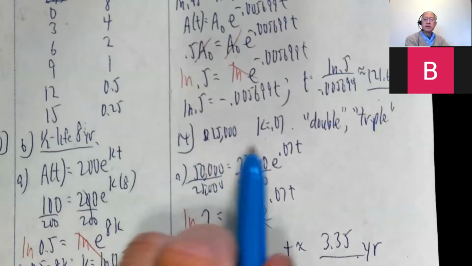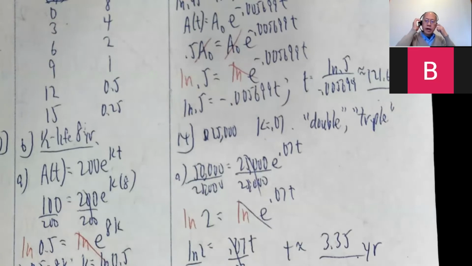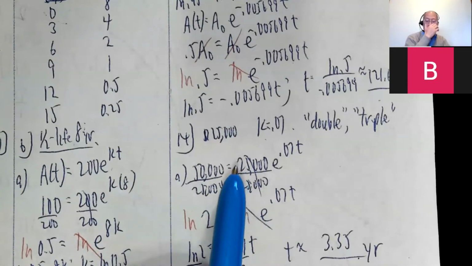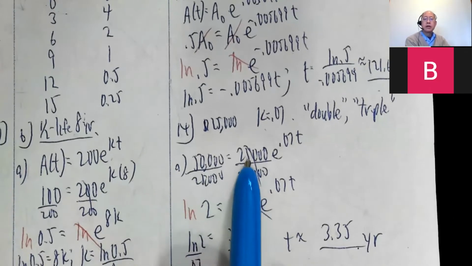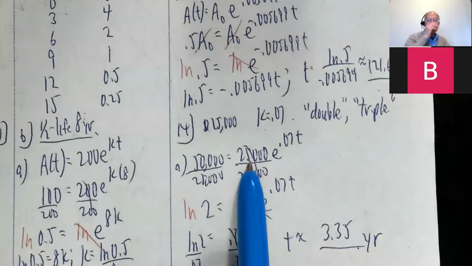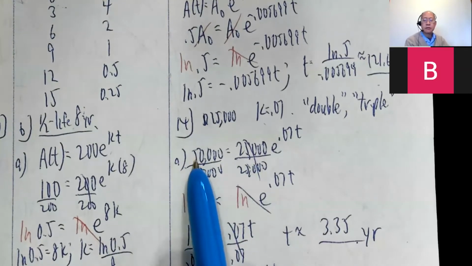So 25,000, k is 0.07. You want to double and you want to triple. Okay, so $25,000. It said double. Well, what's double 25,000? 50,000.